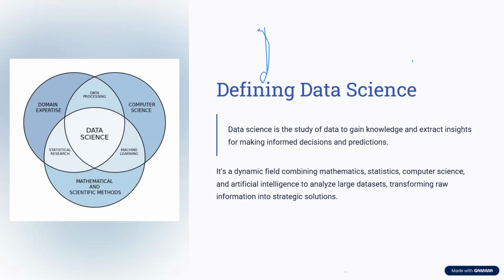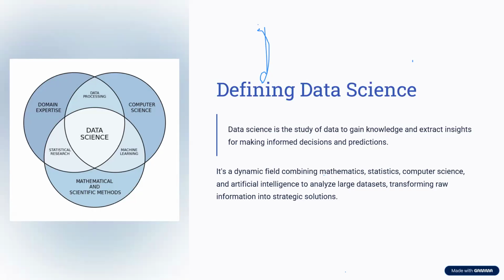And we are saying that data science is like what I call an academic chimera. It is made up of several parts of different fields, okay? So you will find a bit of mathematics in data science, a bit of statistics, a bit of computer science, artificial intelligence. And then the key goal here is that we are using a combination of all these fields to analyze large data sets and to transform the raw information that we have in the form of data into strategic solutions, right?